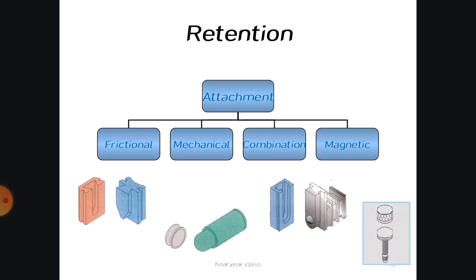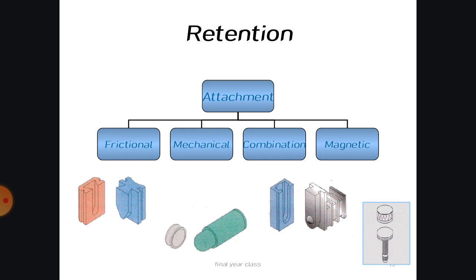Now, based on retention, the attachment is again divided into four categories. That is frictional, mechanical, a combination of frictional and mechanical, that's why it is called combination, and the magnetic. So here the retention principle is the factor of classification. In frictional, as you all know, the retention is provided by the resistance to the motion by means of the closeness of two or more surfaces, because of the intimacy of contact with each other.